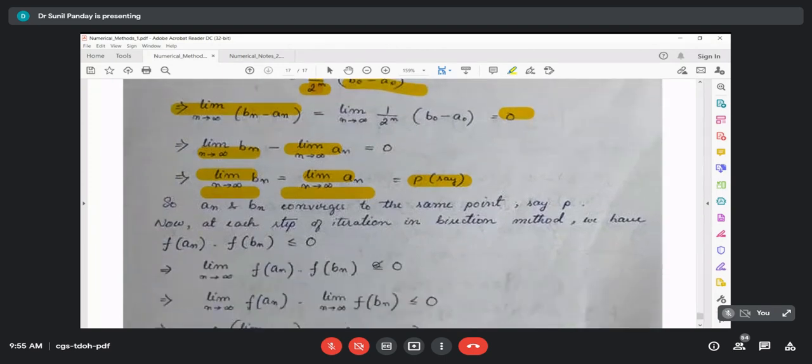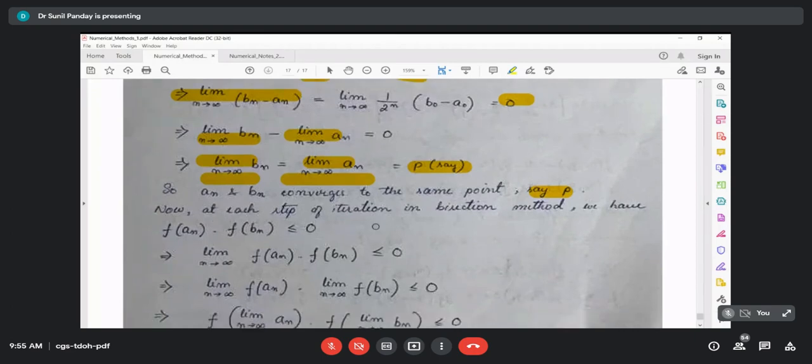The a_n and b_n sequences converge to the same point, say P. Now, at each step of the iteration in the bisection method, if you remember, when you select your next interval, you always check f(a0) times f(b0) is less than 0, f(a1) times f(b1) is less than 0.